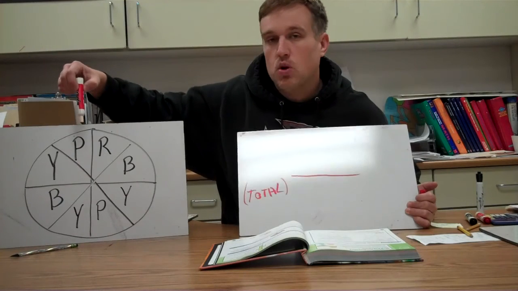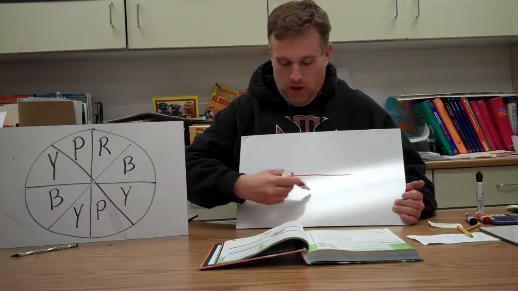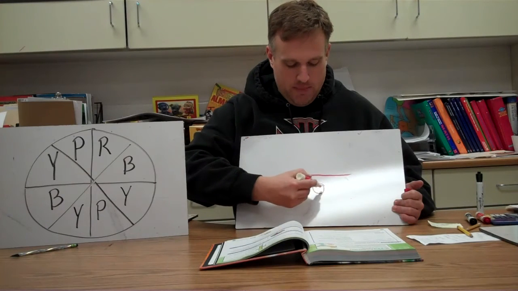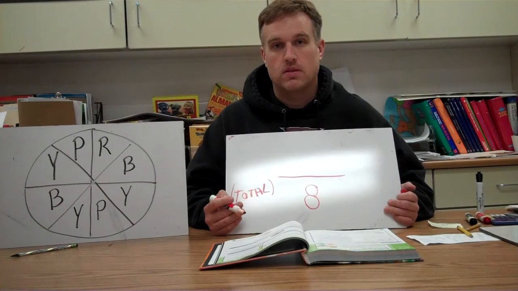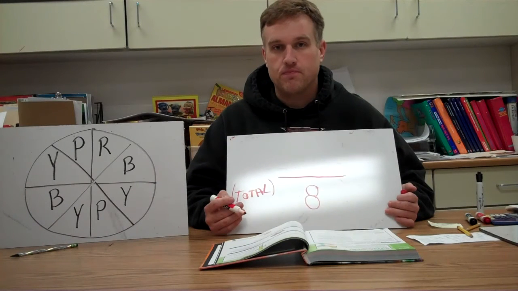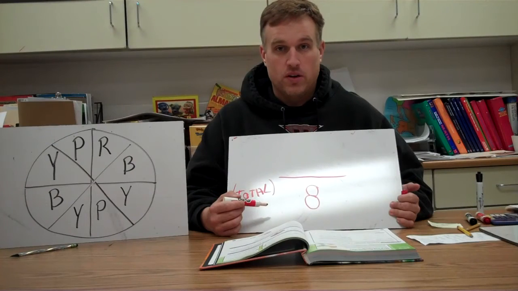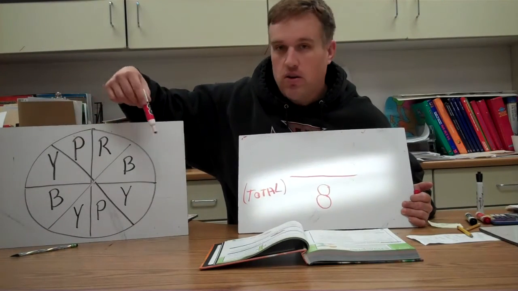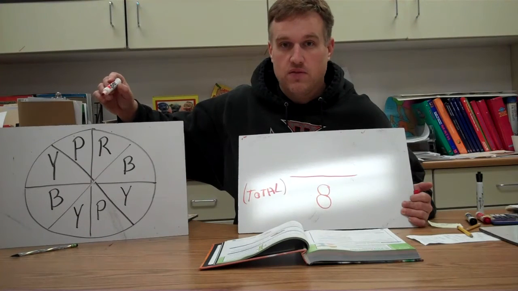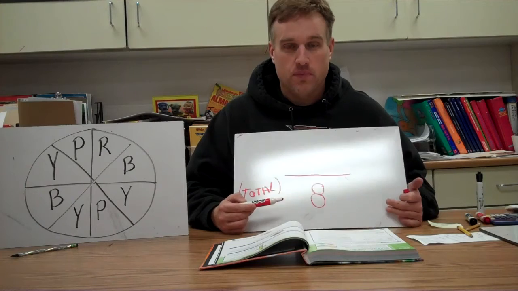There's 8 possible colors that we could spin on. So at the bottom, or the denominator, I have 8 total outcomes that I could spin on. Okay? This will be the same for 1 through 4, because remember, this spinner is not going to change. There's going to be 8 possible outcomes no matter what they're asking us to find. So the total will not change on 1 through 4.